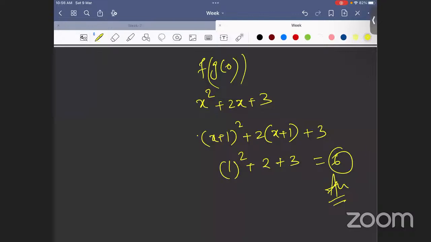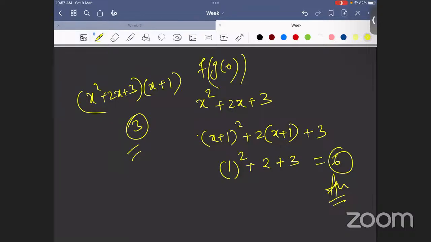If this is a product, then you'll get x square plus 2x plus 3 and then x plus 1, so we should be getting 3. But I guess there is an error in how they have written it. They forgot to apply the braces. I guess this is f of g only, but they have to give the bracket. That is not written here, so that's why you're getting it incorrect.